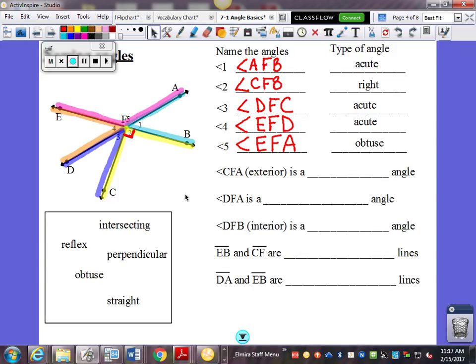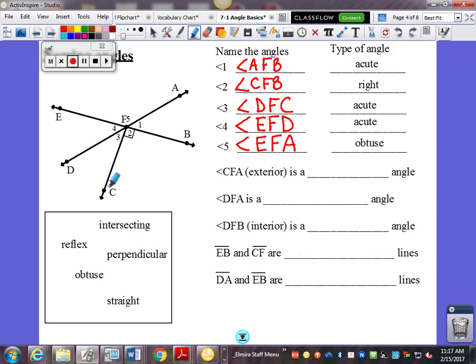I just need to erase some of my highlighting. My pen's not being too cooperative with me today. Okay, now I want to go back: for angles 1 through 5, we used 2 rays right in a row, but we don't have to. This says angle CFA, so you can trace it out with your finger, or I'll trace it in highlighter.